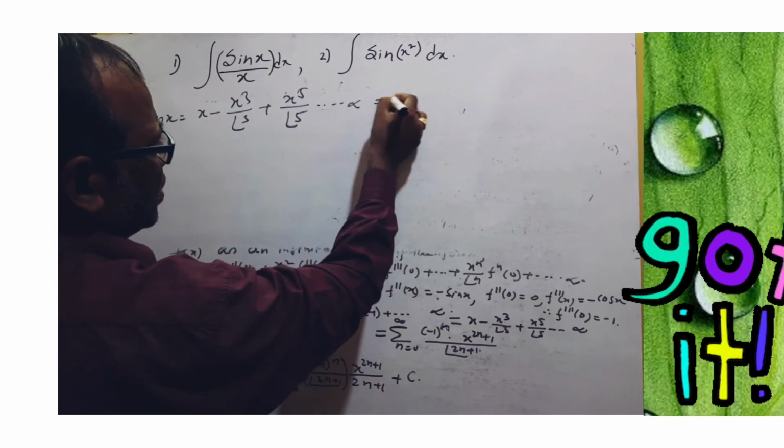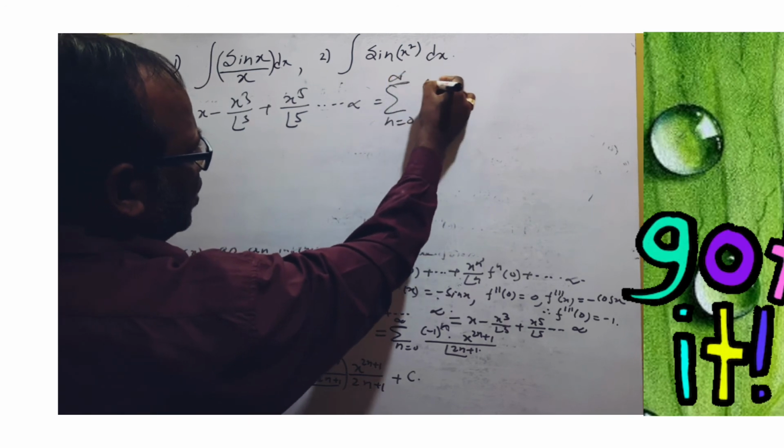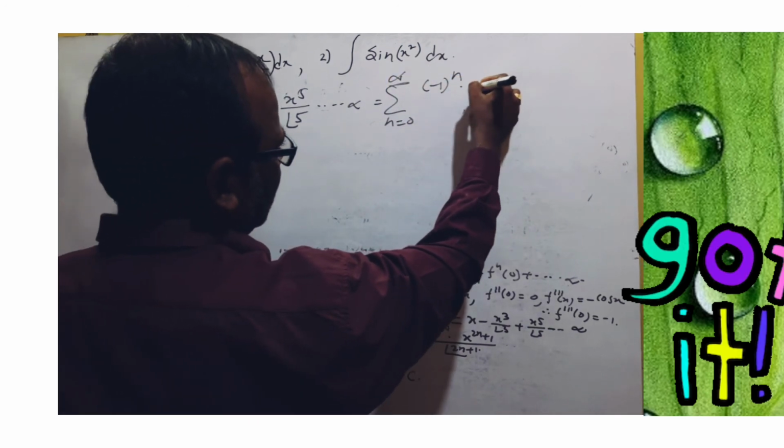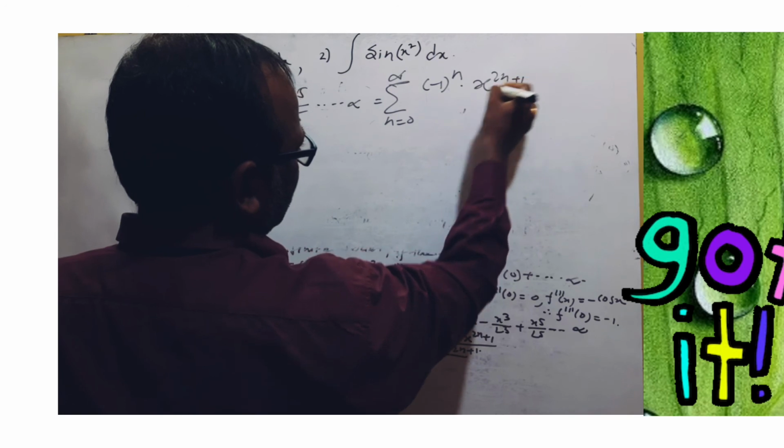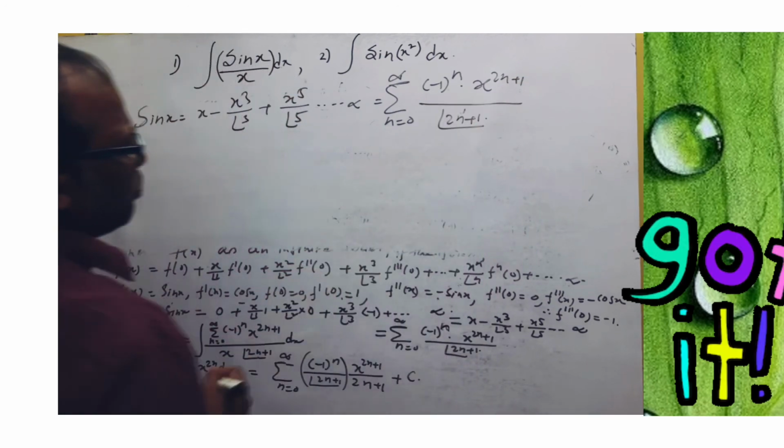It can be written as the summation from 0 to infinity of minus 1 whole to the power n, x to the power 2n plus 1, whole divided by factorial 2n plus 1.